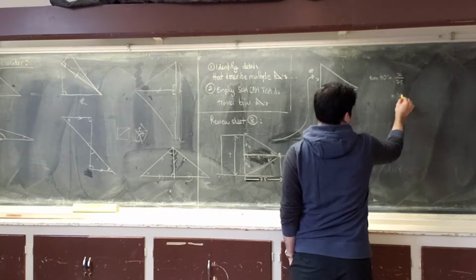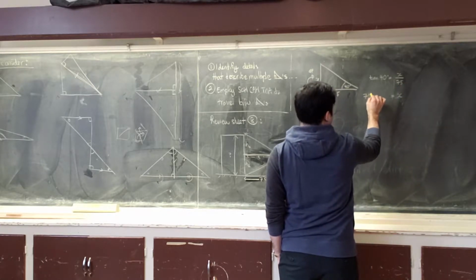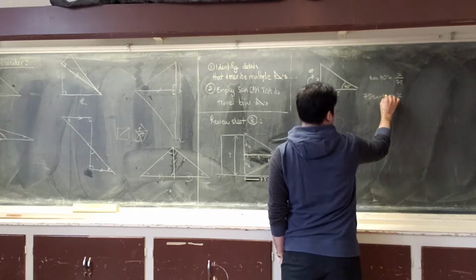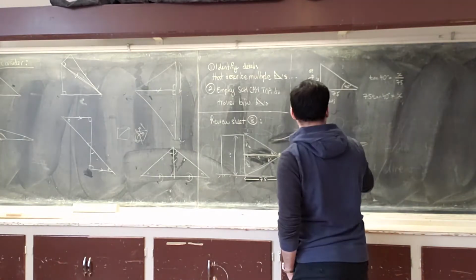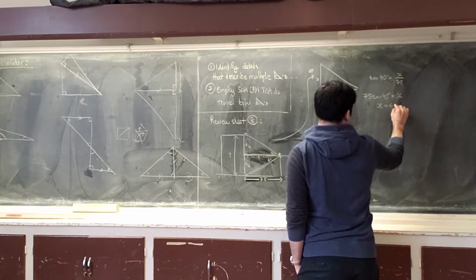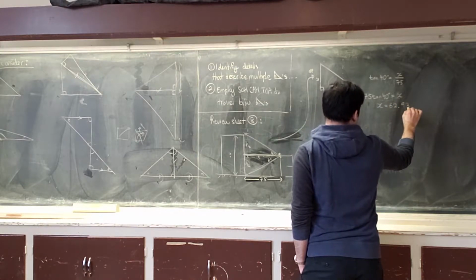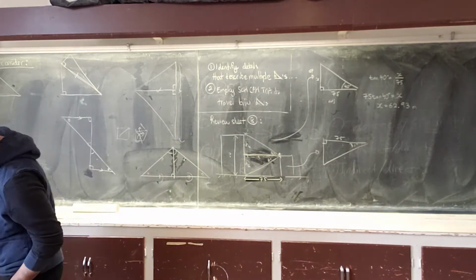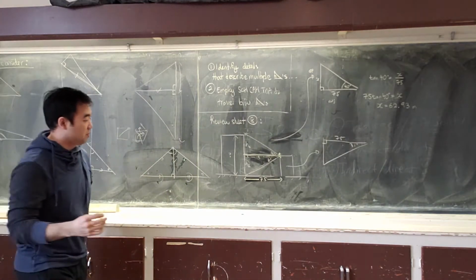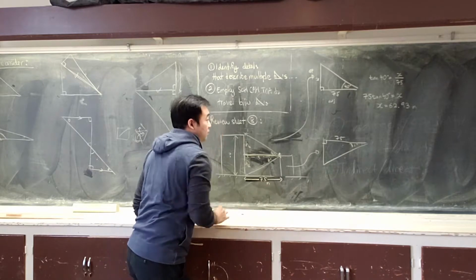I'll do the algebra portion. Can someone please plug that into the calculator? 62.93. So x is equal to 62.93. I'm going to assume that's meters. Yes, 75 meters apart.